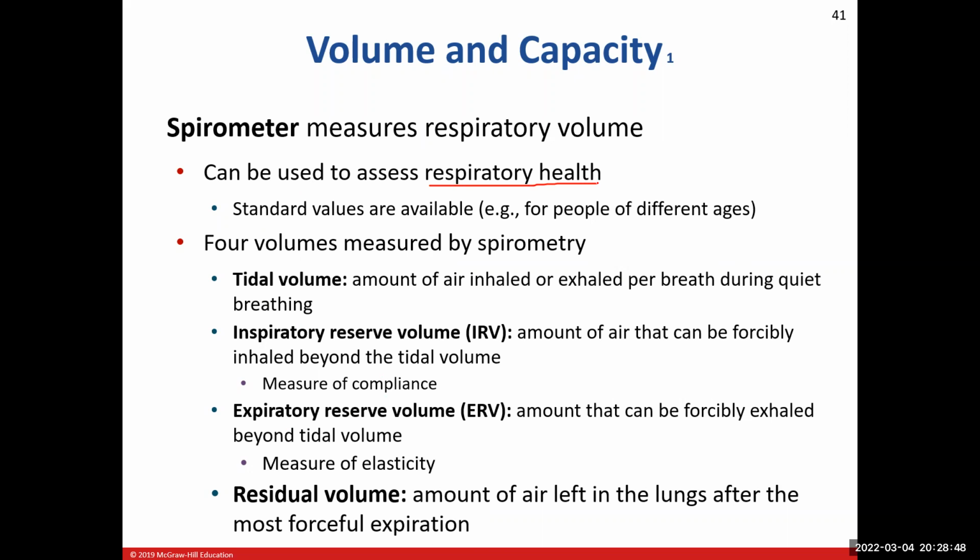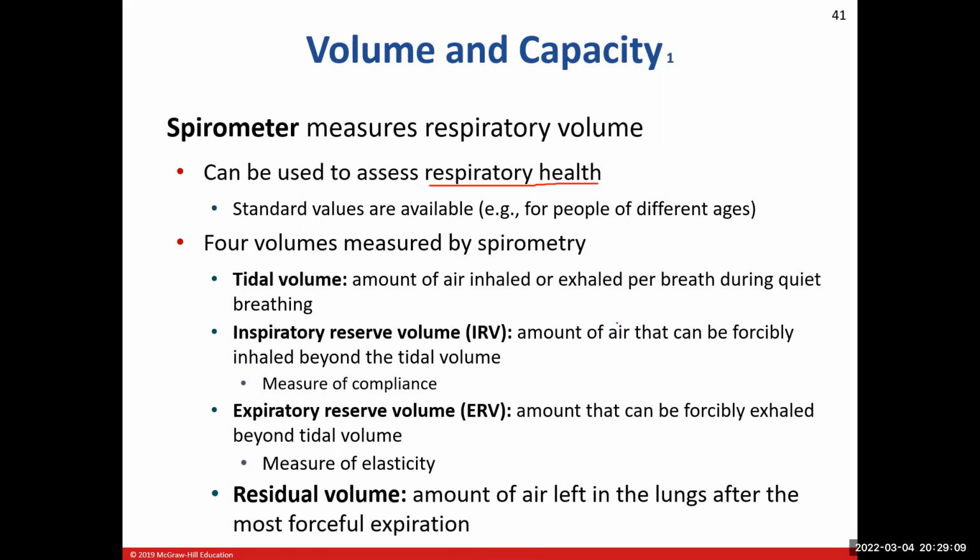So the tidal volume, again, that's what we measure during our quiet breathing. As you are sitting here watching this video, listening intently to my words, you are undergoing quiet breathing. That's eupneic breathing. So this spirometer will measure that.